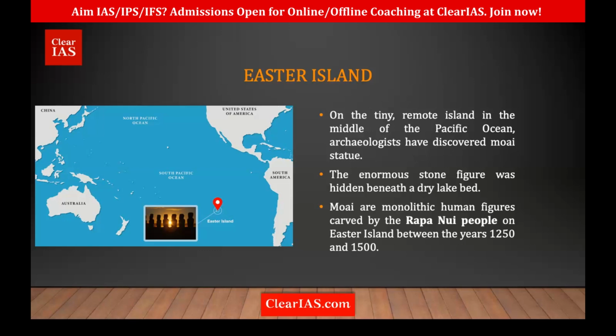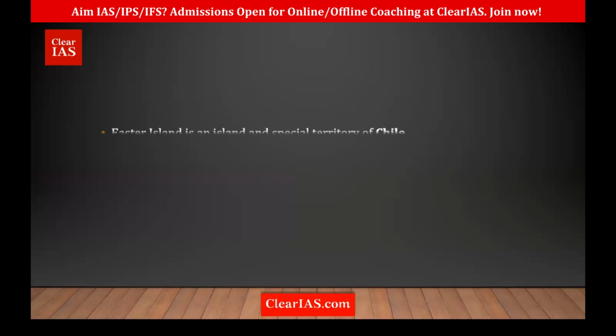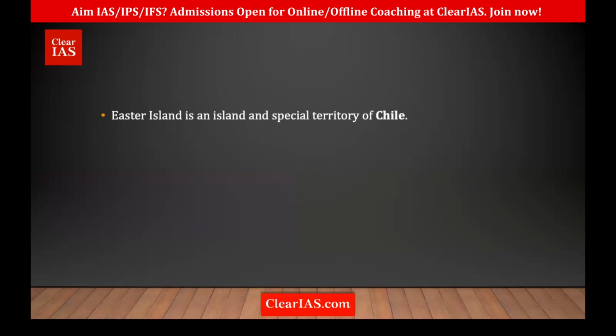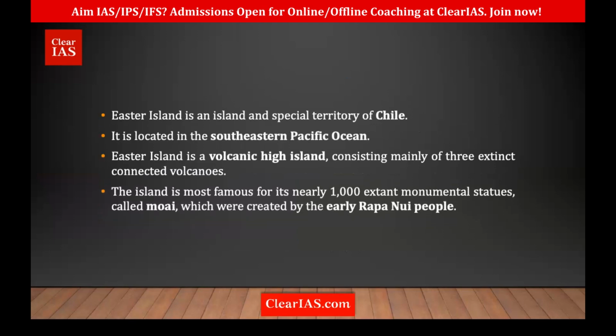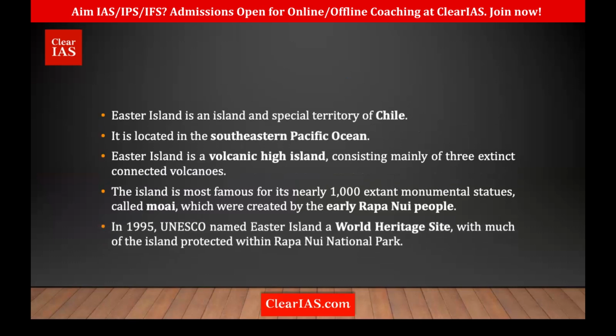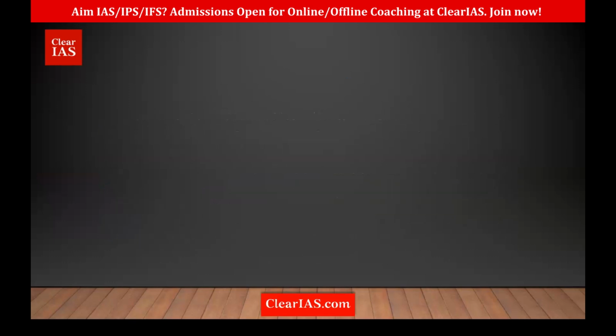This was discovered recently, and it is part of Chile. It is in the Southeast Pacific Ocean. It is also a volcanic high island, and there are so many monumental statues. It already has UNESCO World Heritage Site status. There's also Rapa Nui National Park.